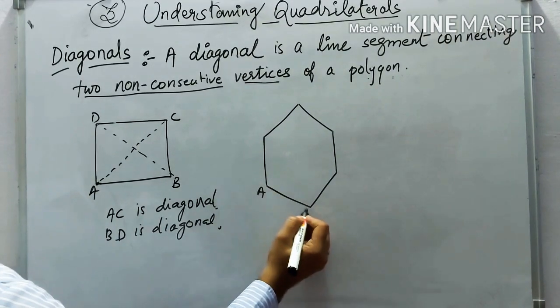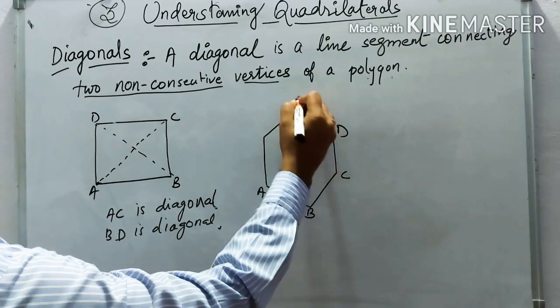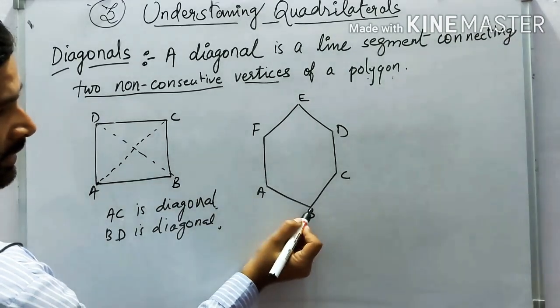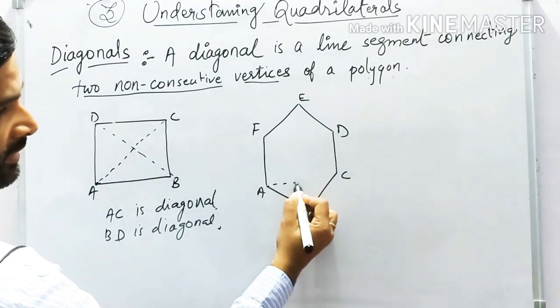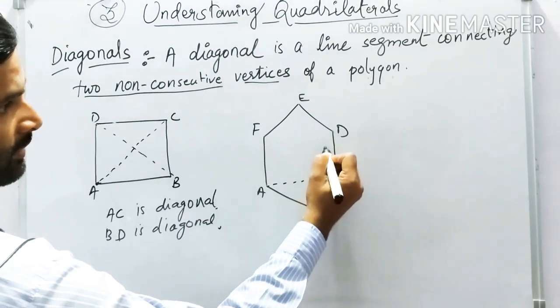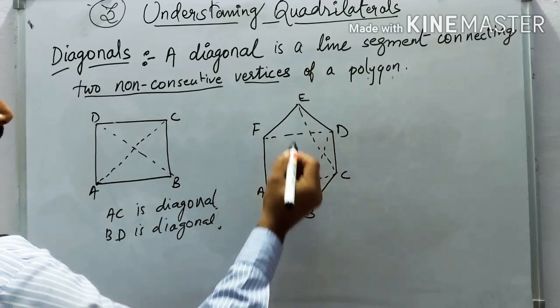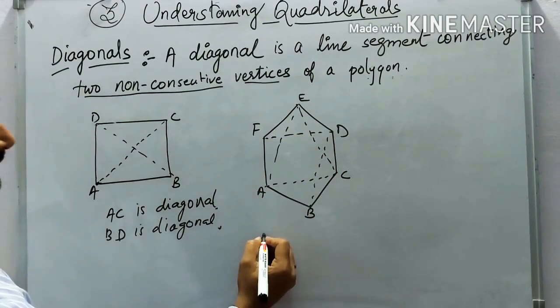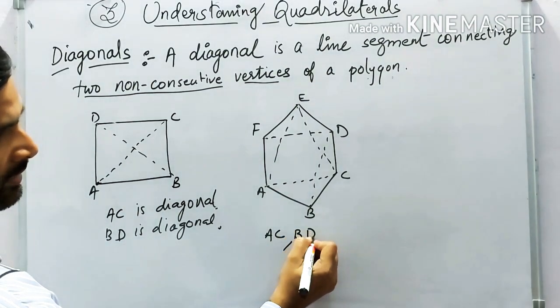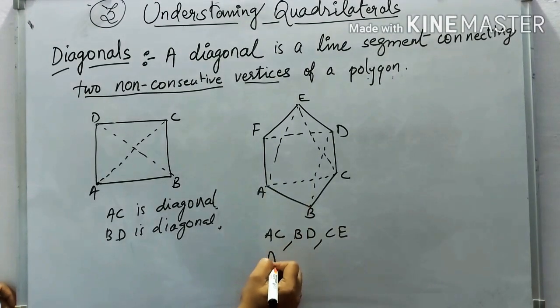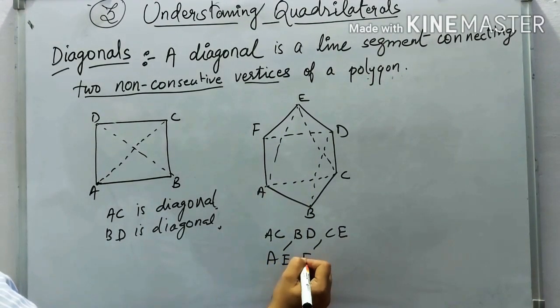Okay, another diagram. You draw a hexagon with points A, B, C, D, E and F. The number of sides is 6, so this polygon is a hexagon. Now join first: A, B is consecutive and C is not. You join AC, BD, CE, DF, AE and FD.